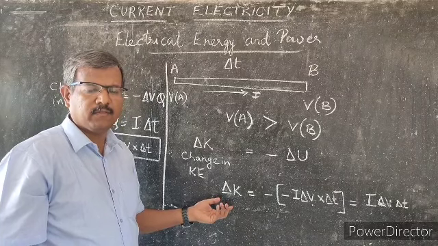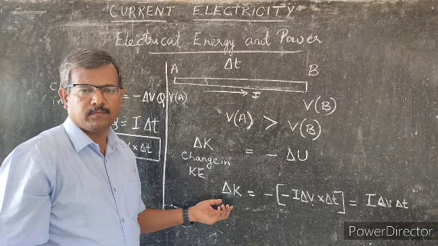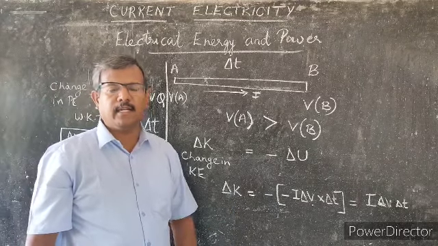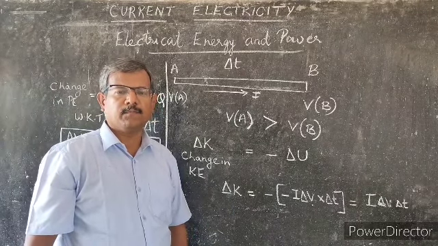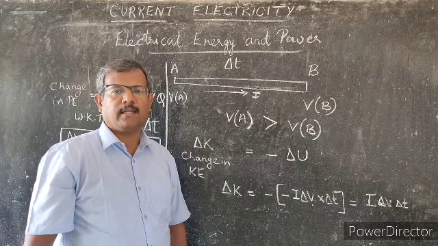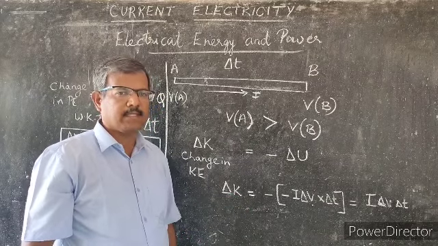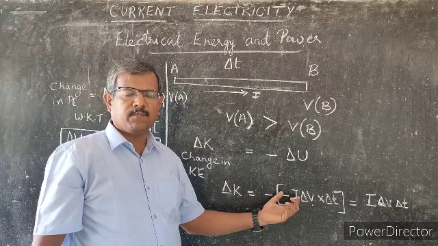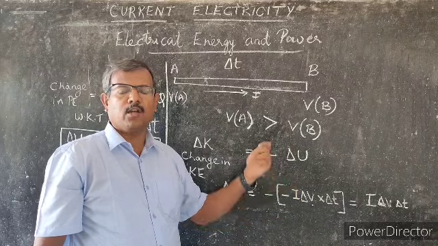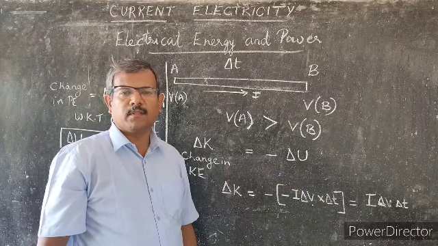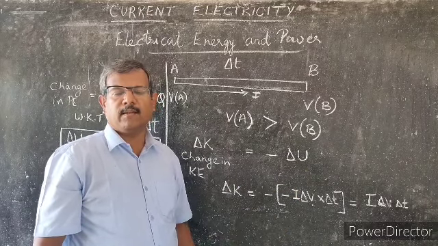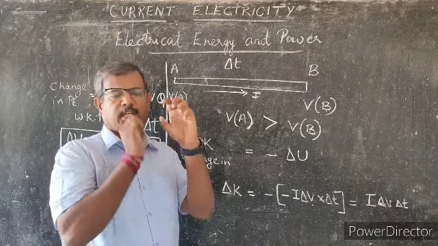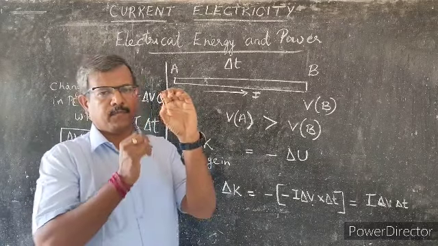But in real life, this is not true, for the simple reason that conductors are densely packed with atoms. When this is the case, every charge encounters a collision with an ion at an average collision time given by tau. So when there is a collision, what is happening?